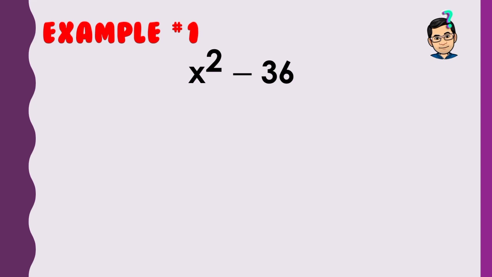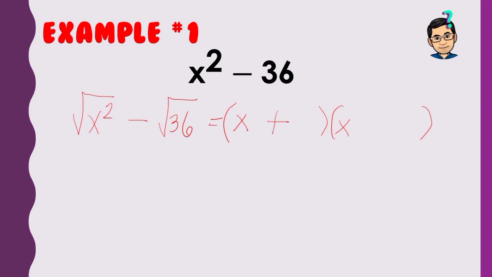So, what is the square root of x squared? Tapos, ang square root naman ng 36. So, the square root of x squared is x. So, isulat natin para mabilis. Dalawang nakaparenthesis and then x, tapos plus and minus. Again, regardless kung ano yung order o arrangement ng operation, plus, minus, minus, plus, okay lang.